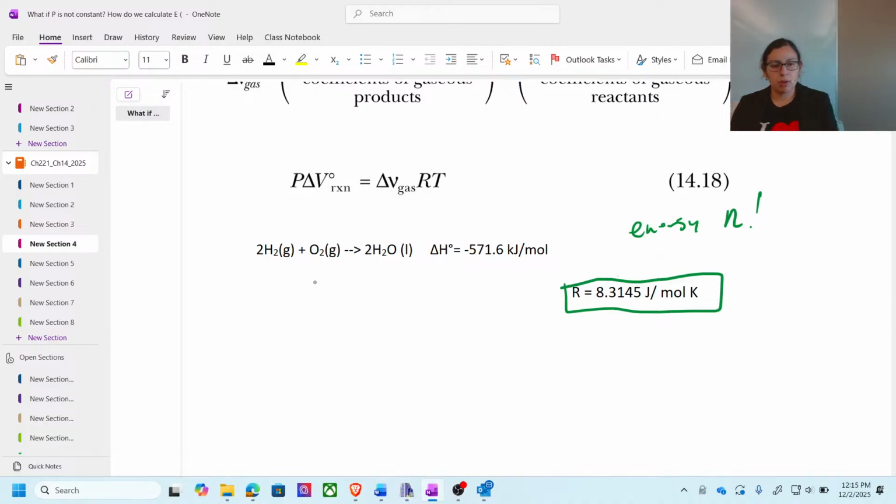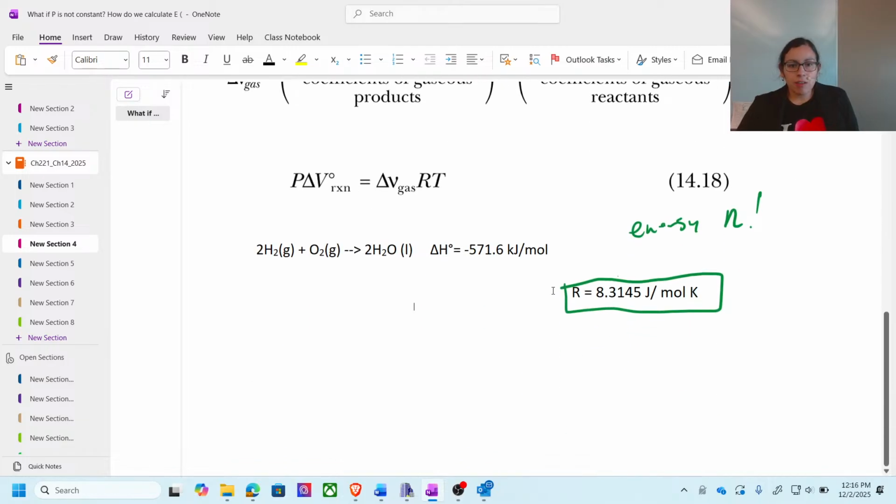This is one of our balloon demos, so you can imagine what happened. Stoichiometrically, you react 2 equivalents of hydrogen with 1 equivalent of oxygen to give us 2 equivalents of liquid water. And so we have our change in enthalpy as negative 571.6 kilojoules per mole.